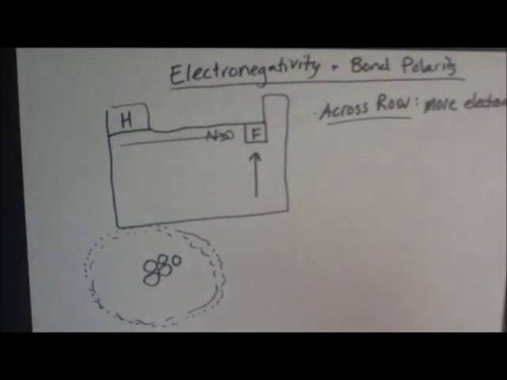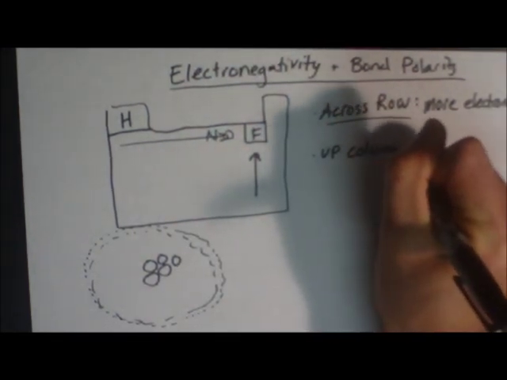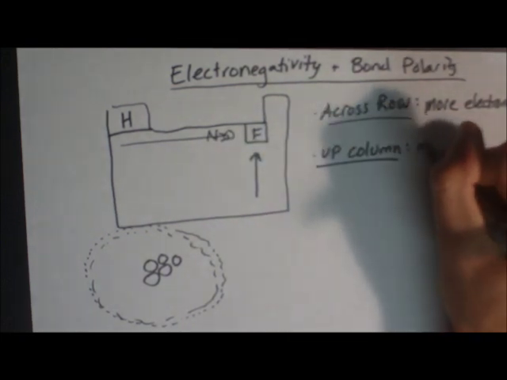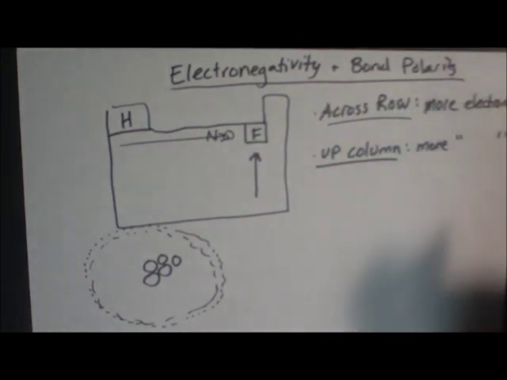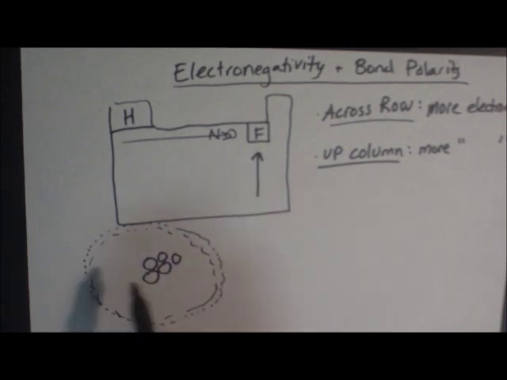Now let's look at why, as you go up a column, it's more electronegative. Well, this explanation is not as easy. You don't just gain electrons, which means that the attraction between the shell and the nucleus is stronger.